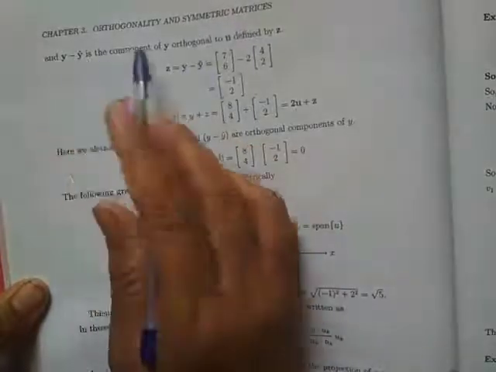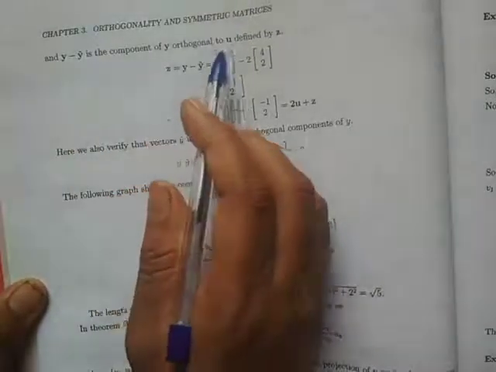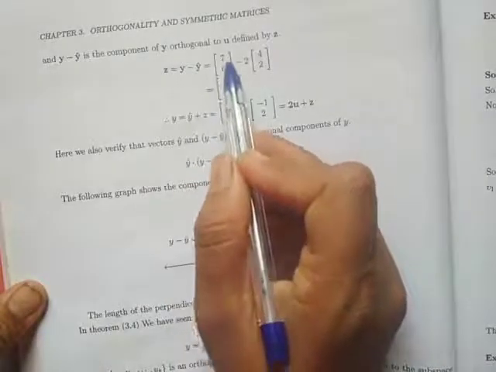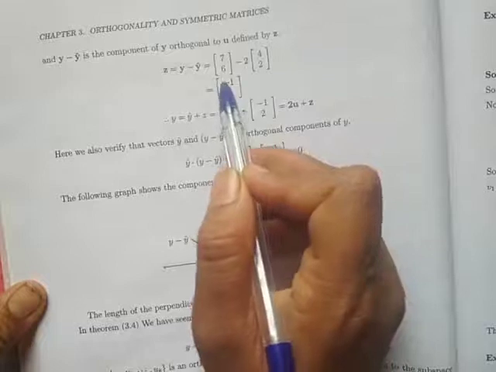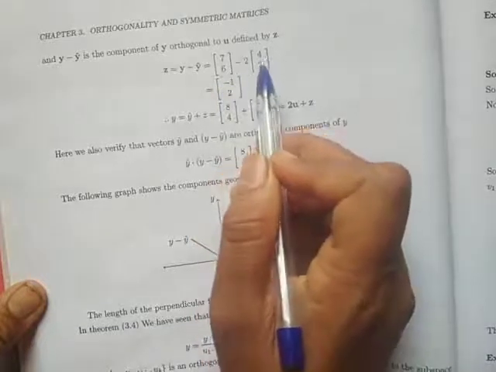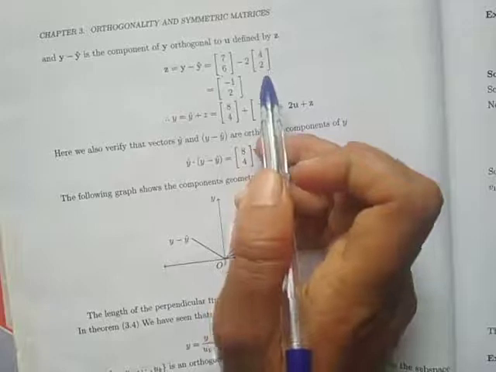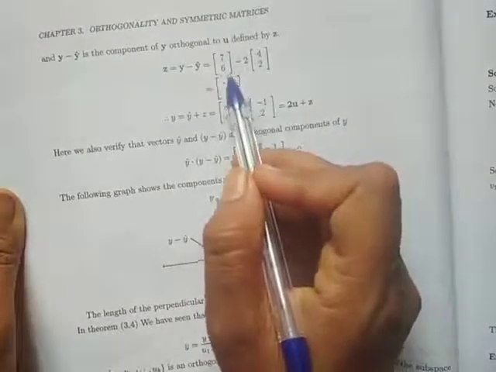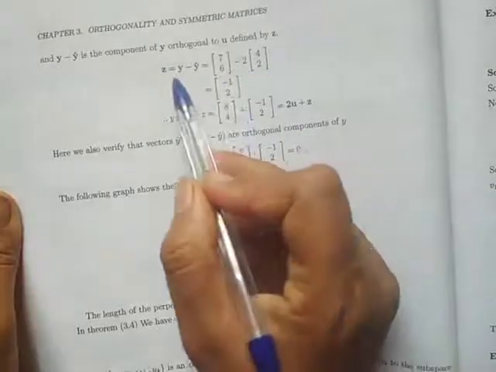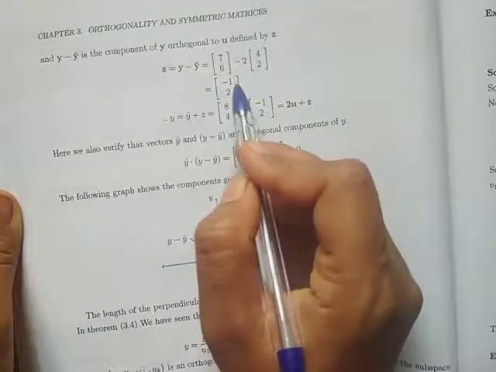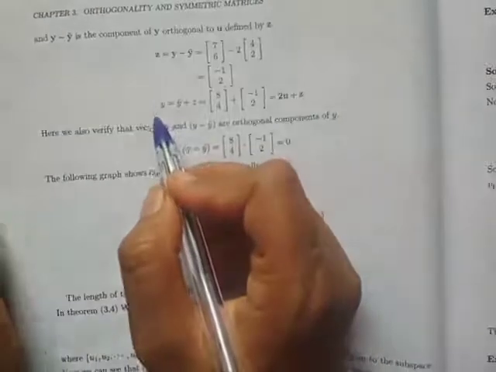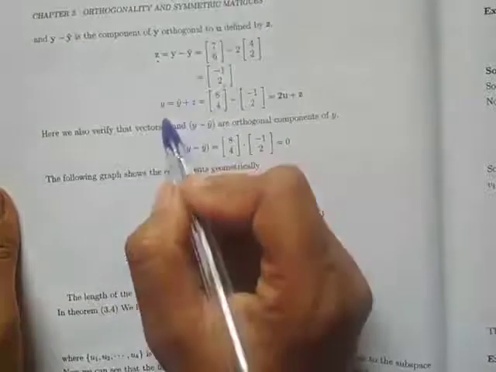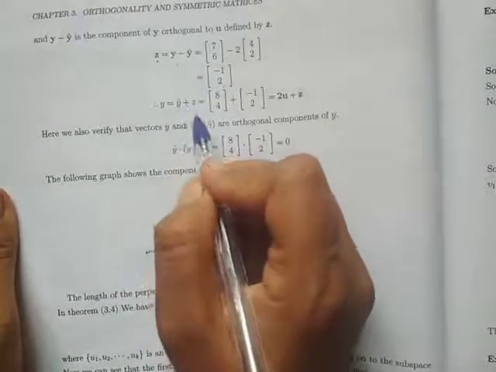Y minus y cap is the component of y which is orthogonal to u. So y is vector (7, 6) minus y cap, which is (8, 4), as we have just calculated. So 7 minus 8 is minus 1 and 6 minus 4 is 2. So we get z equals vector (-1, 2). Therefore, since z equals y minus y cap, y equals y cap plus z.